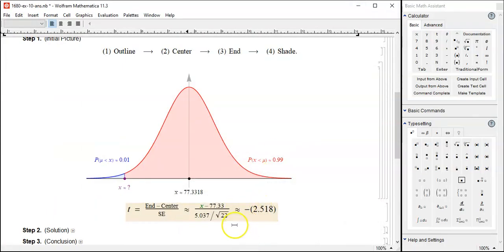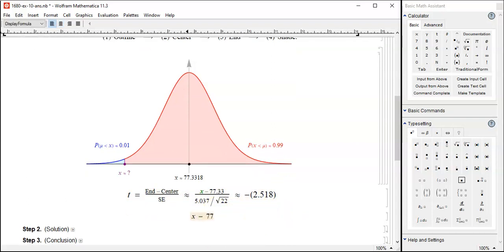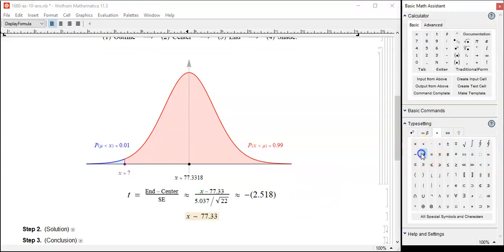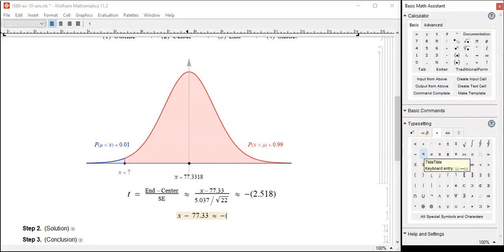Okay, the algebraic equation is now done, so let's solve it. X minus 77.33 is approximately equal to negative of 2.518 times the denominator flipped over.